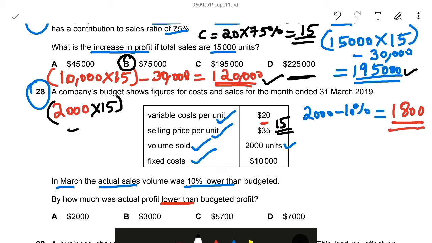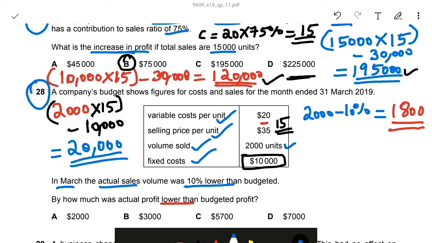minus fixed cost. Fixed cost is given 10,000. How much is the amount? The profit at 2000 unit is 20,000.